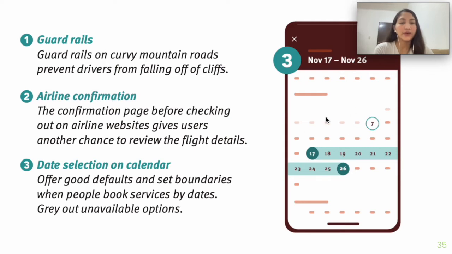Then, the date selection on the calendar. For example, you're booking on Airbnb. If a date is not available for that specific accommodation, then it is disabled. If the dates are available, then you can click them. It is enabled.